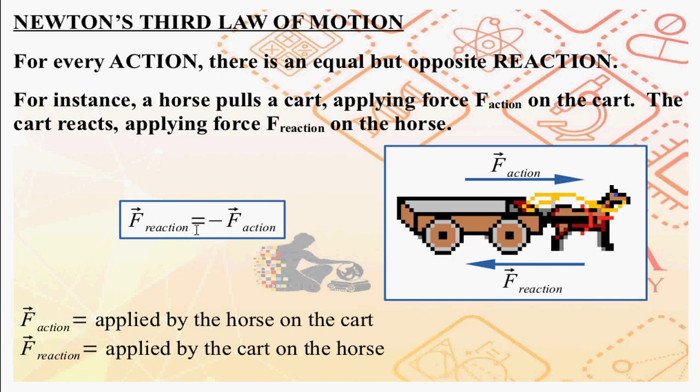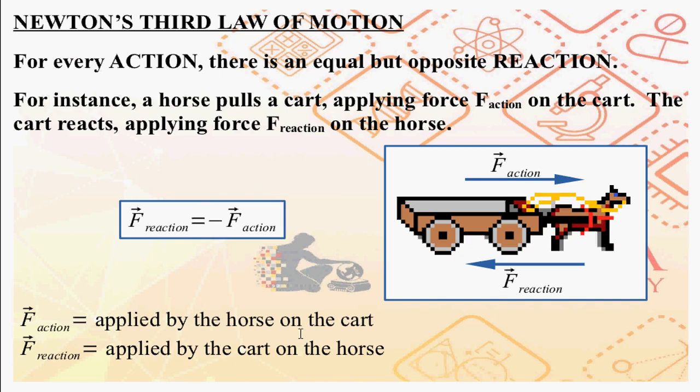F reaction is equal to negative F action. Again, F action, a force applied by the horse on the cart. F reaction is reaction force applied by the cart on the horse. Third law of motion.